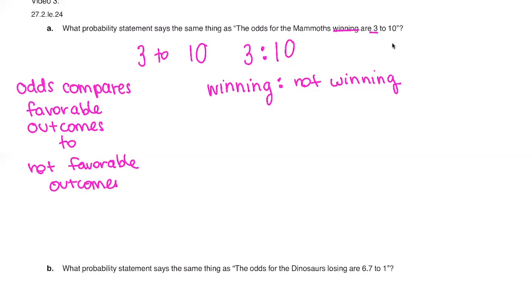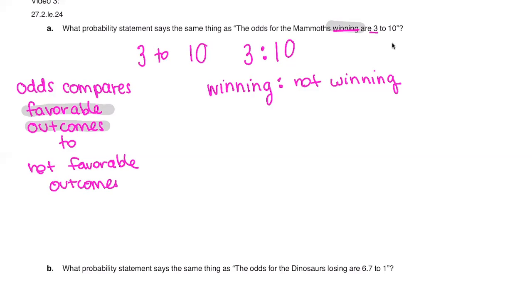And when they say the phrase favorable outcomes, they mean what they're saying first. It's little funky things like that, but the "to" still works out. "To" is the thing on the left, which was the favorable outcomes, and to the thing on the right is the not favorable outcomes. So we have winning to not winning.